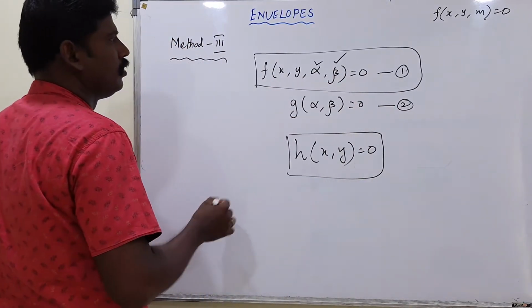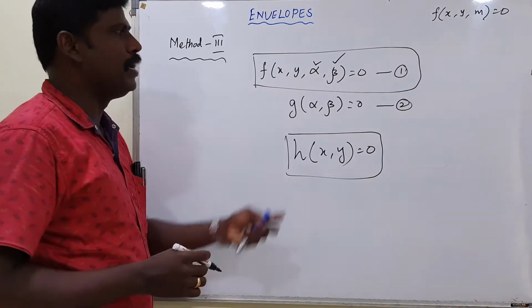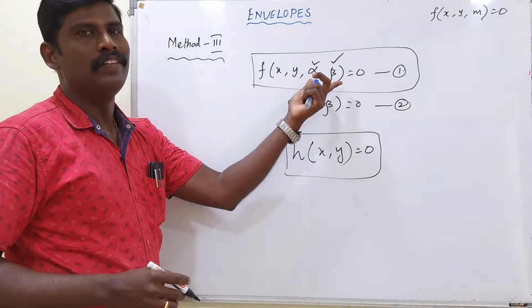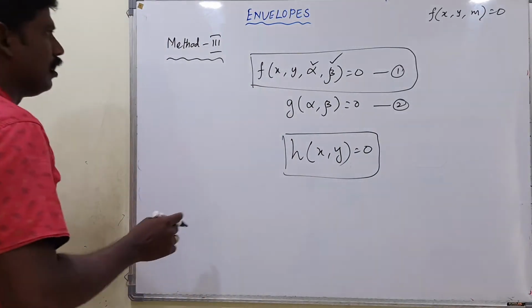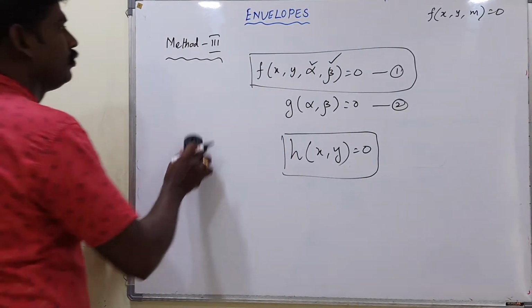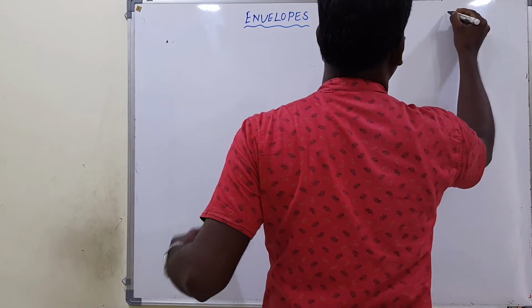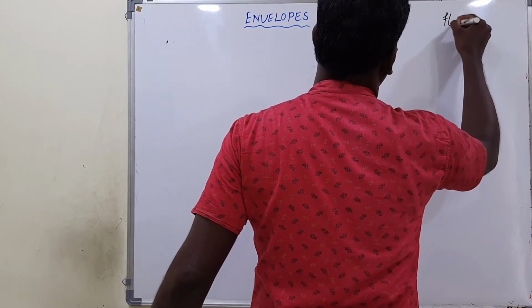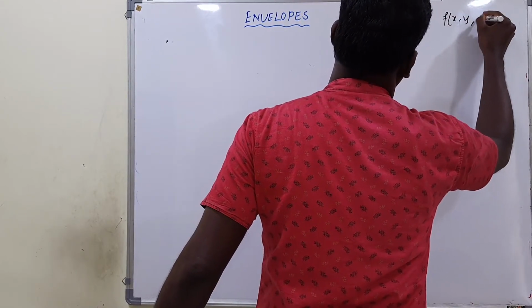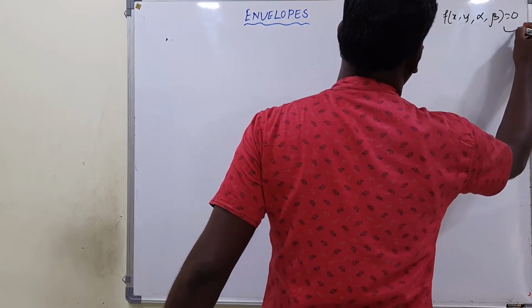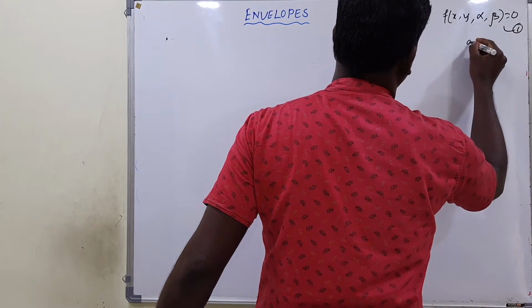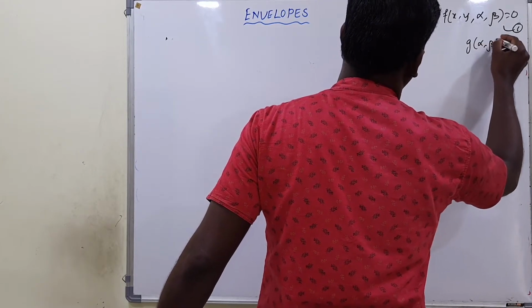Right? So right now I am going to the problems based on the given curves having two parameters. Let us solve it. The curve equation is equation number 1, and the relationship connecting alpha and beta is also given.